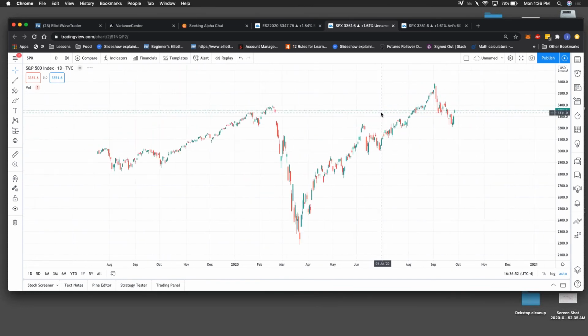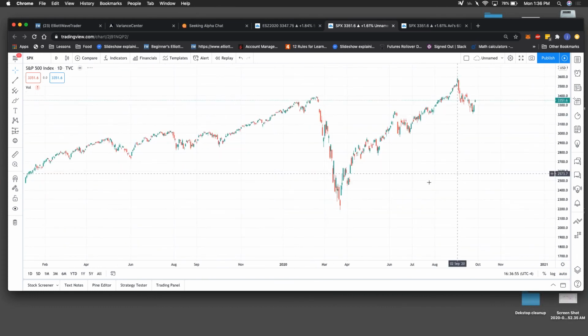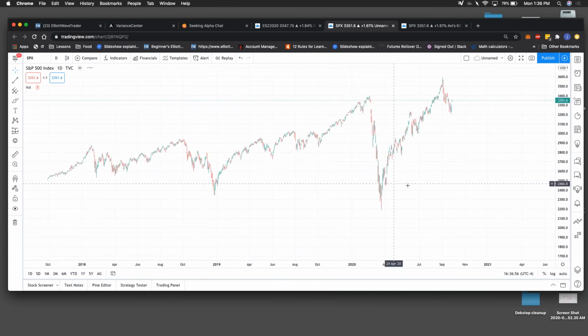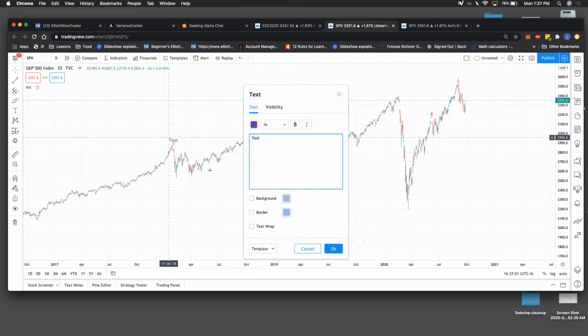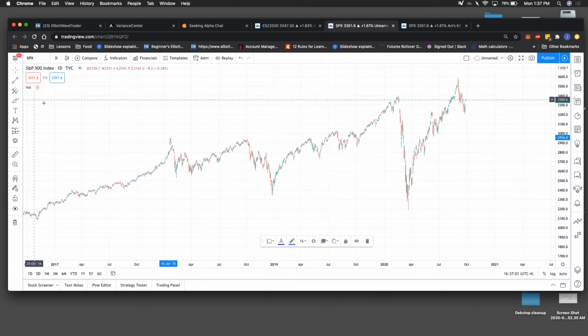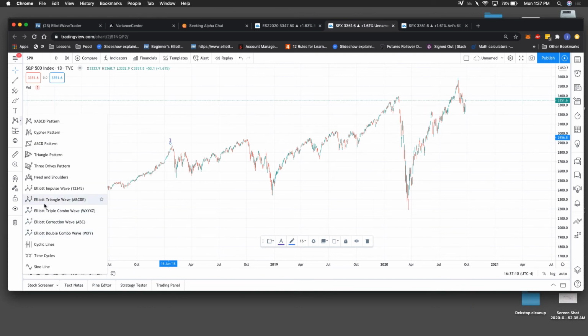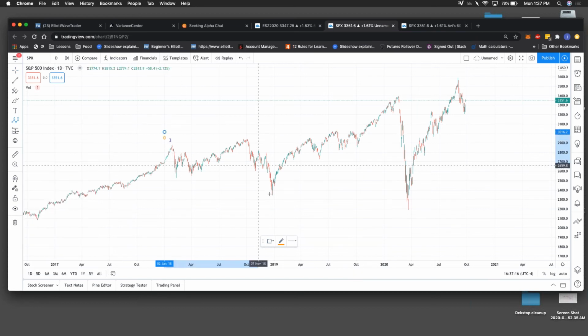Okay, if we're looking for a lower low below the March low, the only way I can get to that is the following, to say that we topped in 2018 in a third wave, and now we have an expanding triangle.